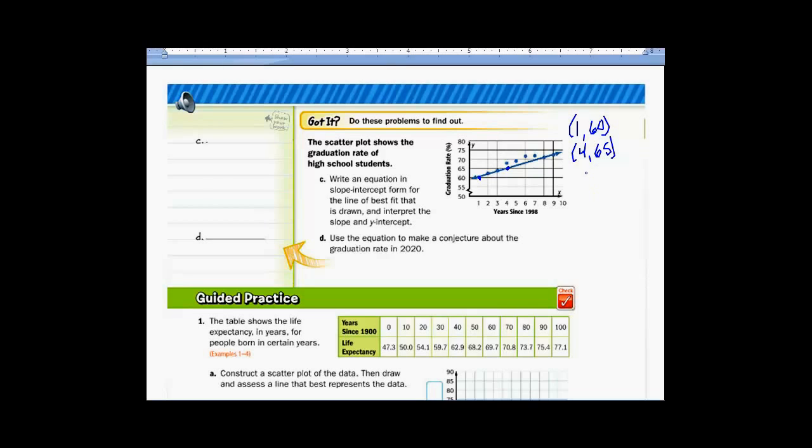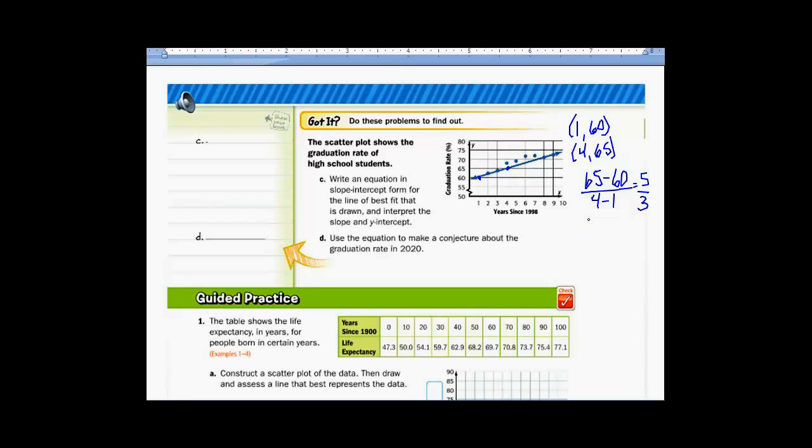So y2 minus y1, 65 minus 60, over 4 minus 1. So we've got 5 over 3. 5 over 3 is 1 2/3. All right, so 1 2/3, we can leave it like that.